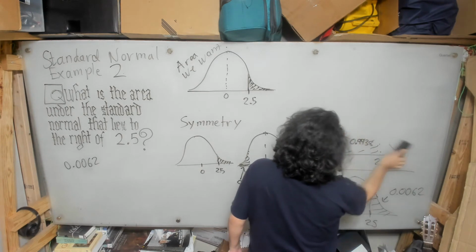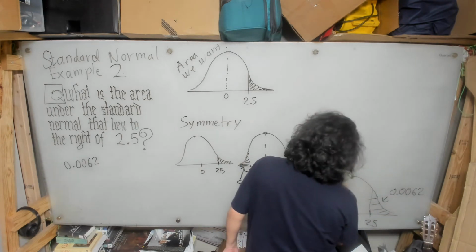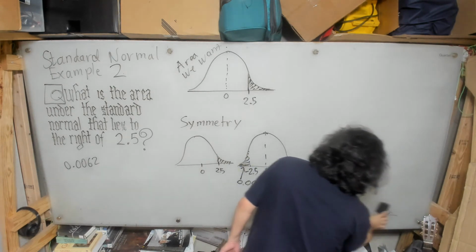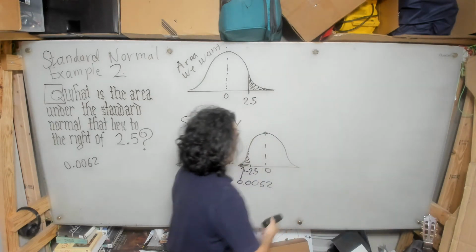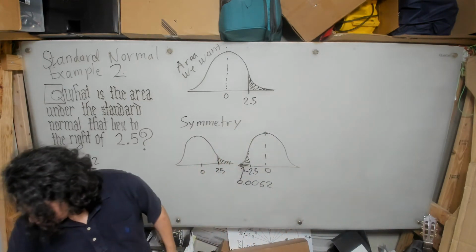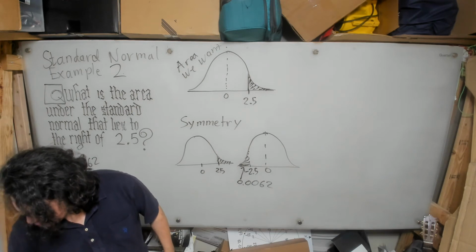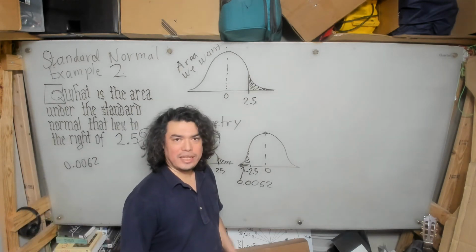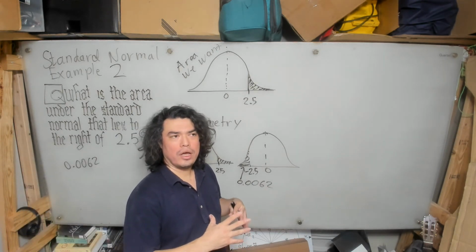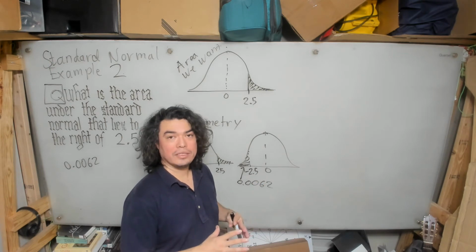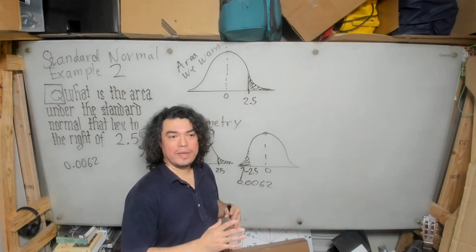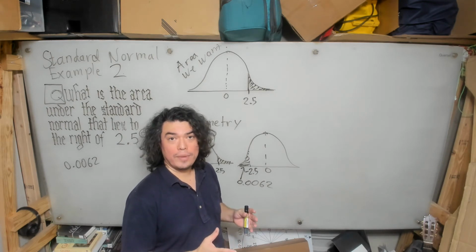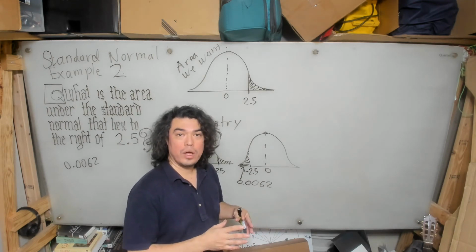When we were talking about probabilities, we know that if we have two events that together make up the whole sample space, but that they don't share anything in common, then you add them, you get 1.